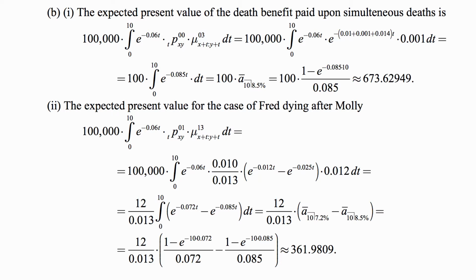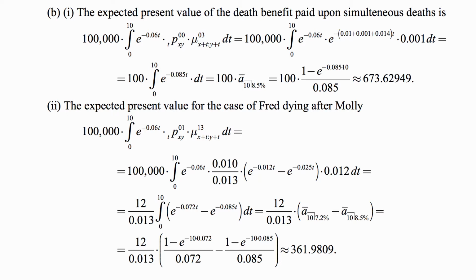And the probability of that is mu 13 times dt. And we take this integral over all possible values of t from 0 to 10. So it's 100,000 times the integral from 0 to 10 of e to the minus 0.06t times, well, we calculated that tp01 at the very beginning. We plug it in. The force is 0.012.